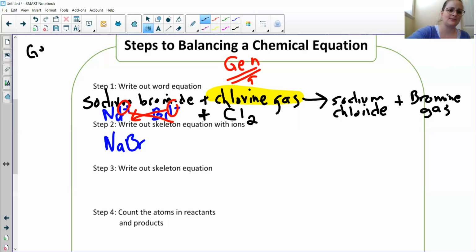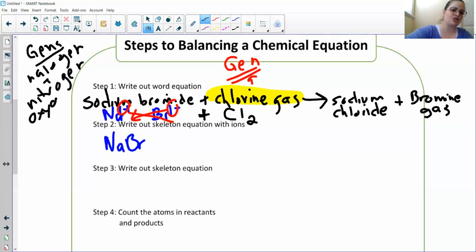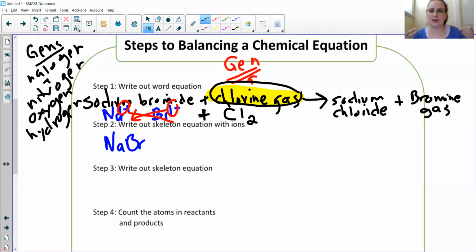The gens are the halogens plus nitrogen, oxygen, and hydrogen. If they're by themselves like this, meaning that they're not in a compound with any other atom or element, there's still going to be two of them. Okay.